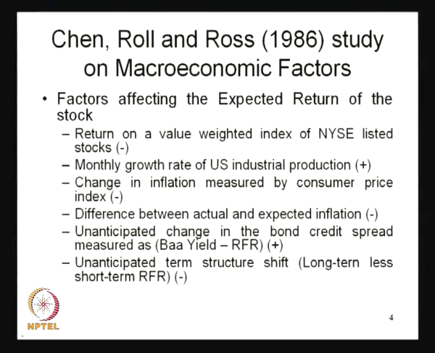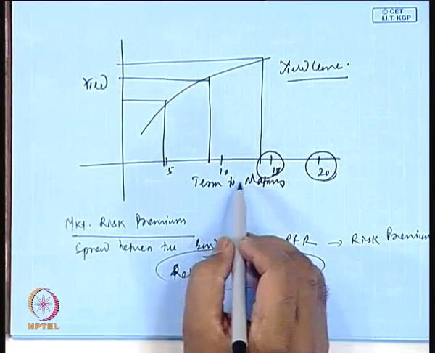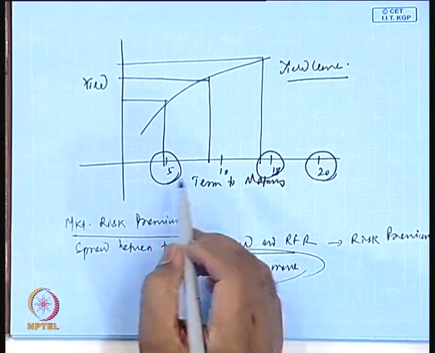Then another factor they have taken is the unanticipated term structure shift, that is short term versus long term. That means your long term return minus the short term return. You talk about a bond, say a bond with a 20 years yield or 15 years yield, and there is another bond with a 5 years yield.